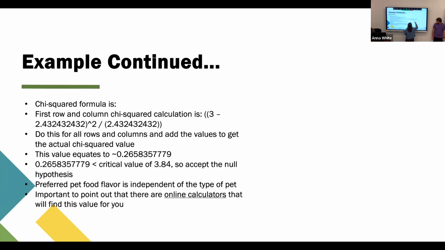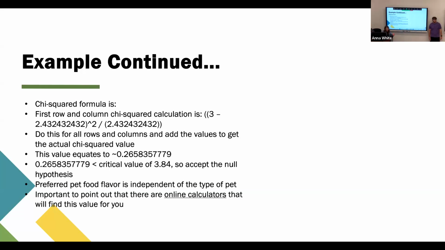Thinking about the example on the previous slide, just for the first row and column, you had 3, and then you would subtract the expected value that we found. Then you would square that, and then you divide it by the expected value again. And then you have to sum up all of those values that you find.